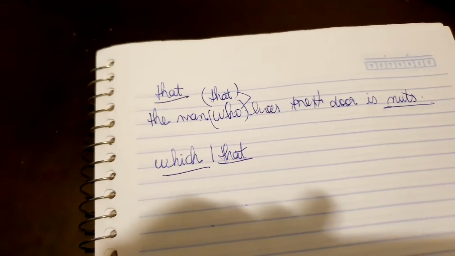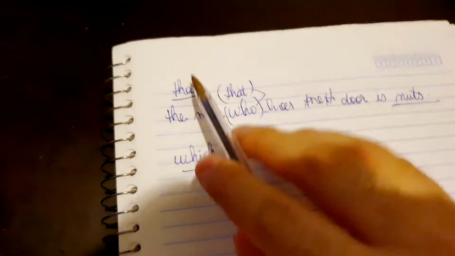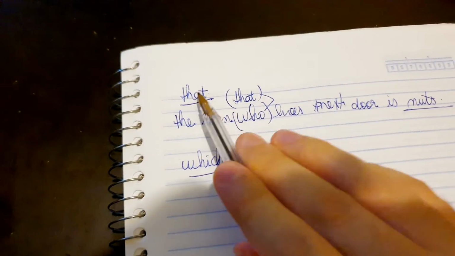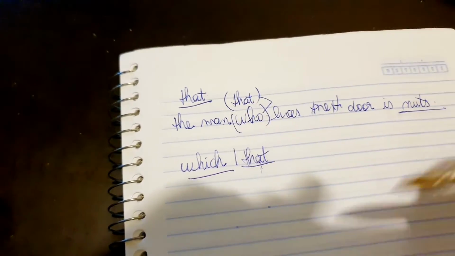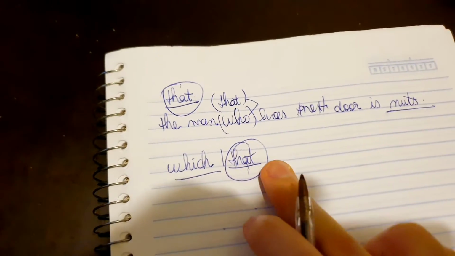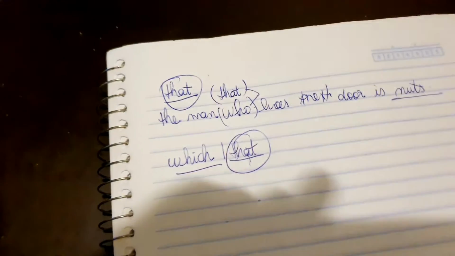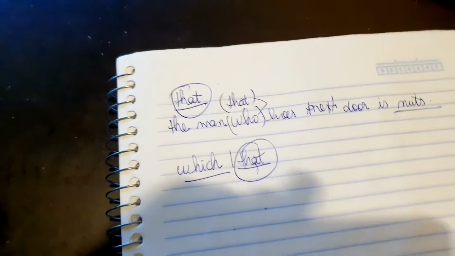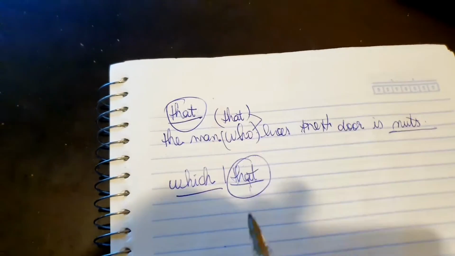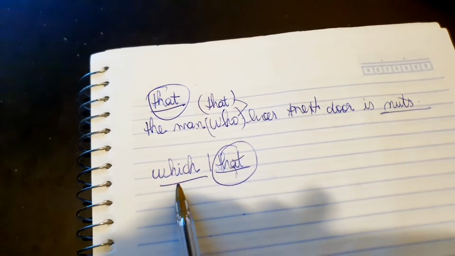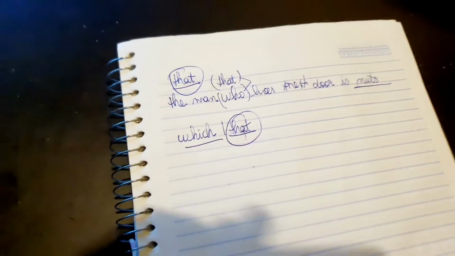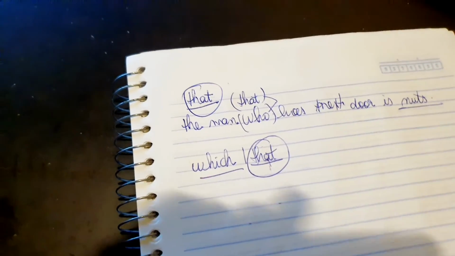We can conclude that the relative clauses that have that can be used both for people and objects. Okay, but if you want to talk specifically about people, you can't use which, and if you are talking about objects, you are unable to use who. So let's see some examples.